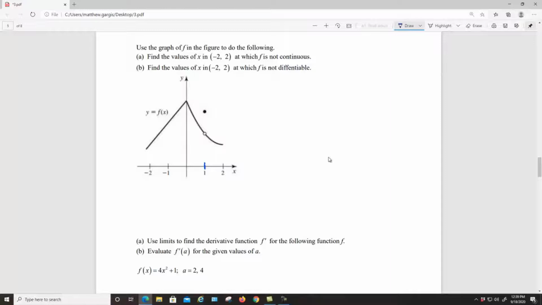So it is not continuous at 1. It is continuous at this curve though, but not at 1. So I would say f is not continuous at x equals 1.